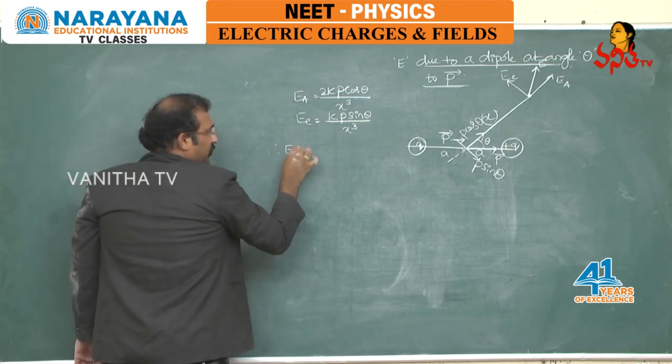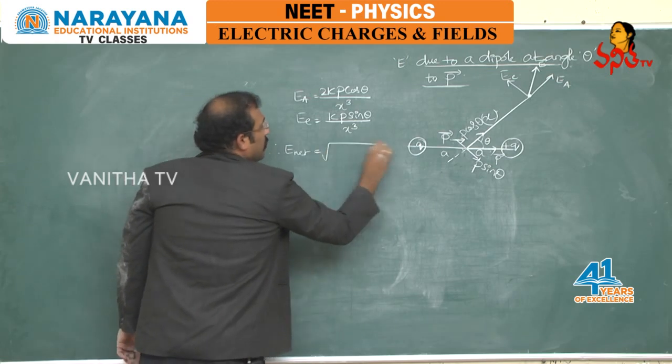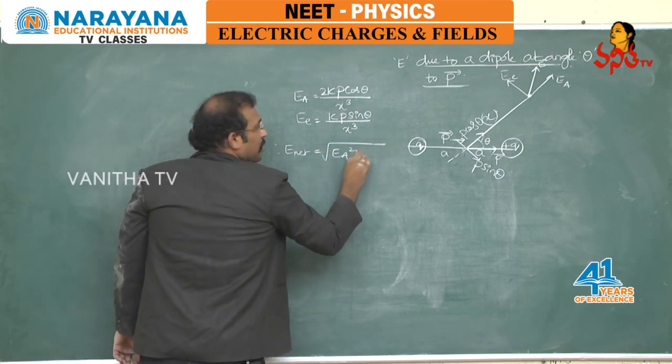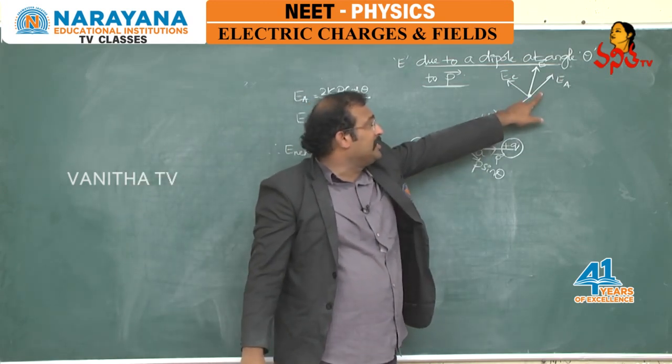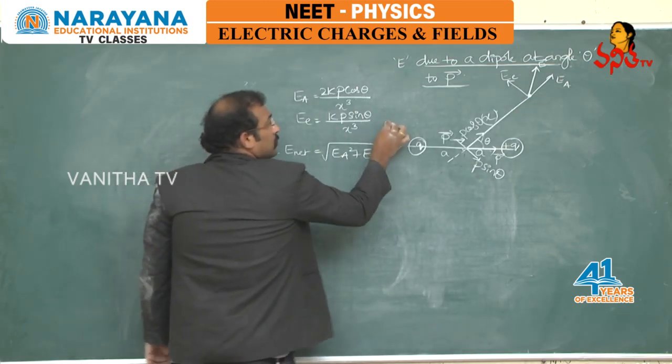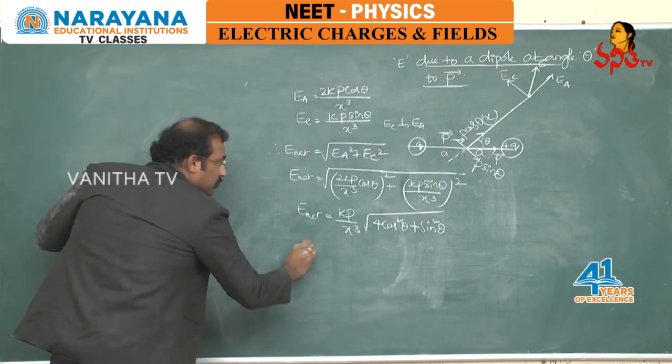The net electric field: these two are perpendicular, so the net electric field would be the root of EA squared plus EE squared, since the angle between these two is 90 degrees.